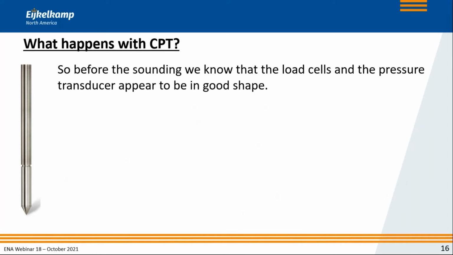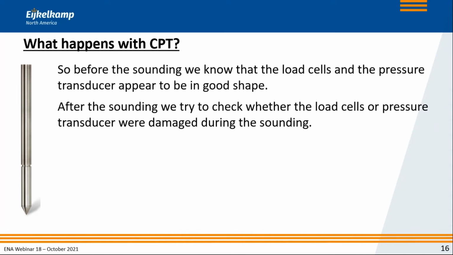So before the sounding, we know that the load cells appear to be in good shape. And I say appear because basically we're only checking 1 point. We don't check the whole calibration range. We don't go from a zero load all the way to a full load, but we check 1 point. And if that 1 point is acceptable, then we say, on that basis, we think that the cone is in good shape.